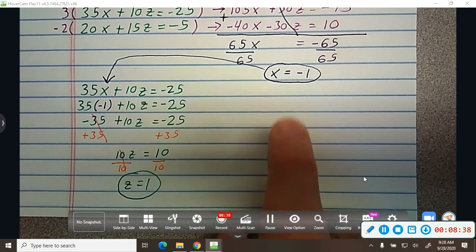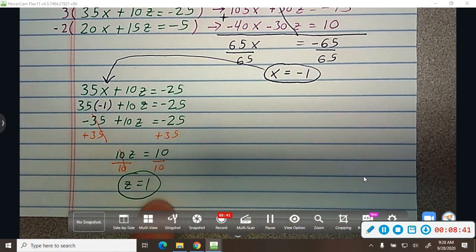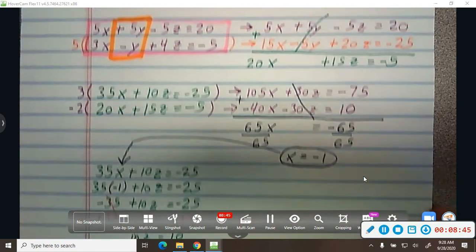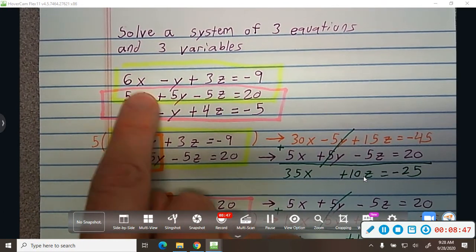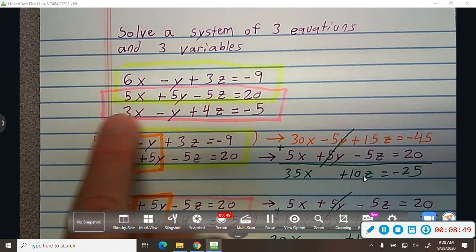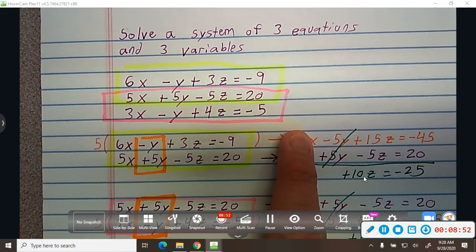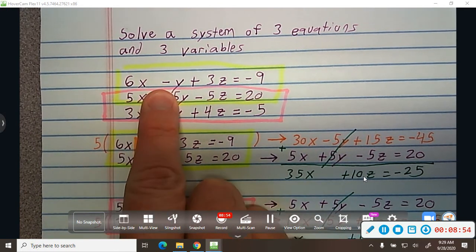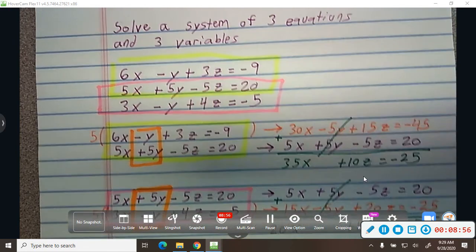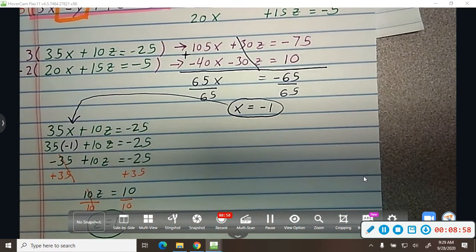So from there, we know the x value, we know the z value, and so to find the y value, we need to go back to one of our original equations and pick one. It doesn't matter which one. I'll just pick the top one. 6x minus y plus 3z is negative 9, and I'll write that down here.